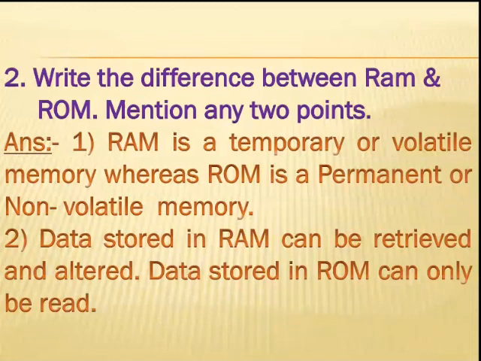Whereas ROM is what? Data stored in RAM can be retrieved and altered. Data stored in ROM can only be read. See, in the name only we have it, read only memory. So we cannot change or alter the things in ROM.